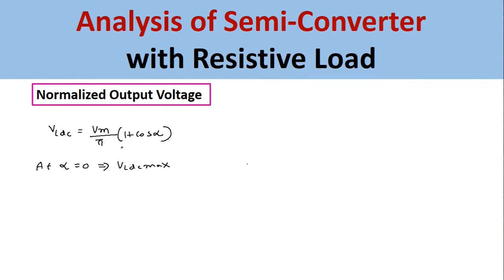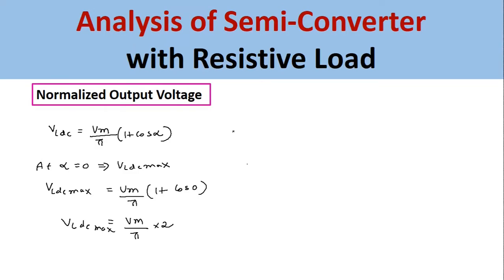So when we put alpha is equal to 0 in this equation, we will get VLDC maximum, which is equal to Vm upon pi 1 plus cos of 0. Cos of 0 is equal to 1, we know that. Therefore we will get 2 Vm upon pi. So this is the VLDC maximum we are getting.